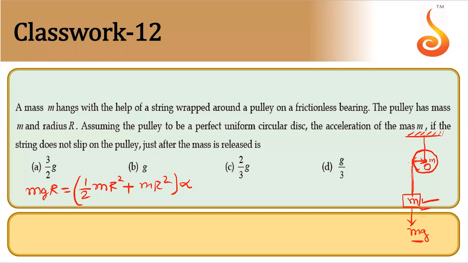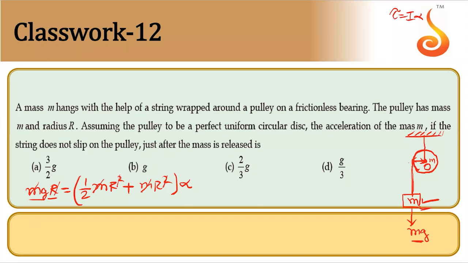See, torque is I into alpha. So this torque is F into R, right? Left hand side is moment, right hand side is torque. Moment of force is nothing but torque. Now you can cancel m throughout, r throughout.